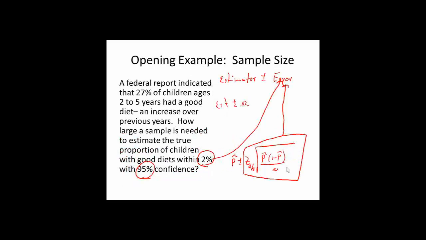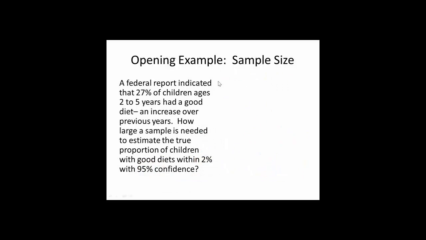So flipping back to this guy, let's do our sample size computation here. So we know that sample size n is going to equal z alpha over 2 squared, and then it's going to be p hat (1 minus p hat) divided by the error squared.